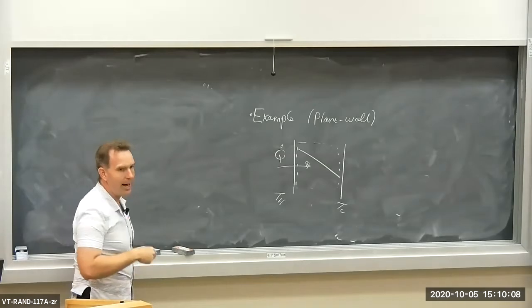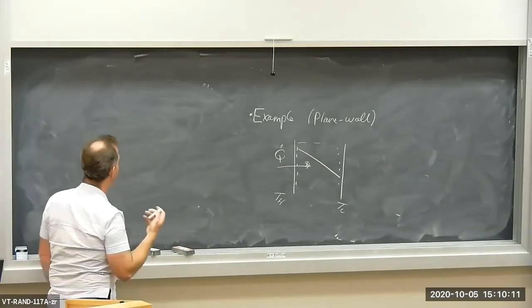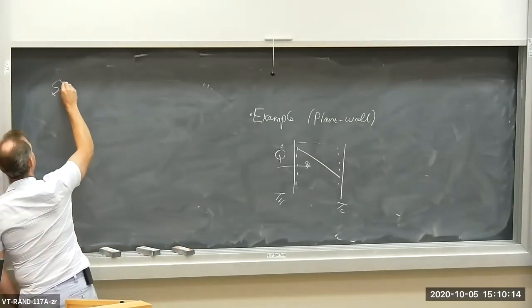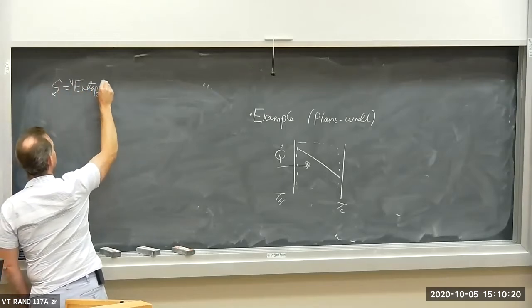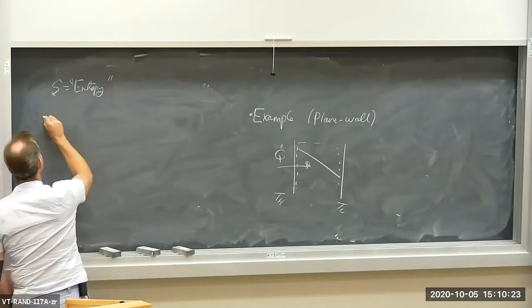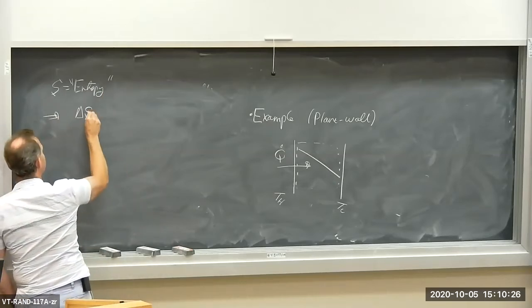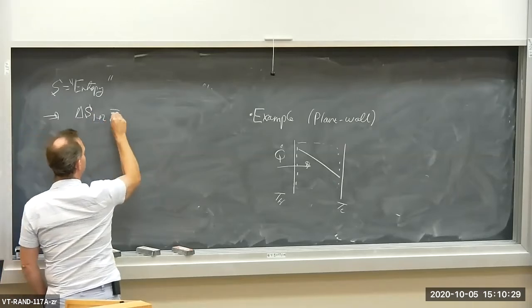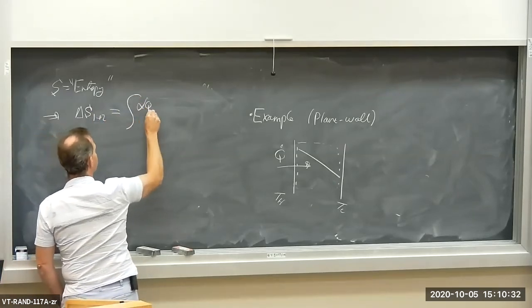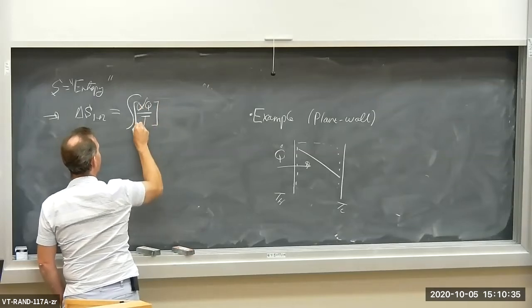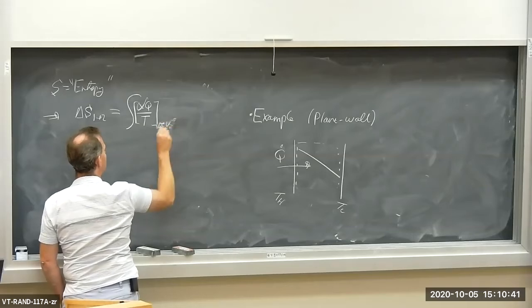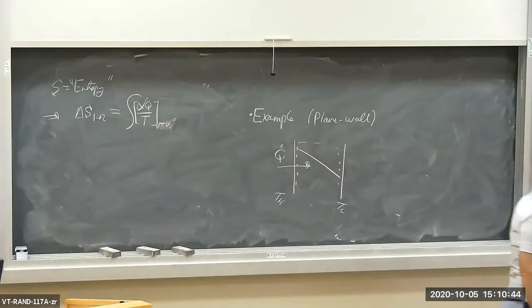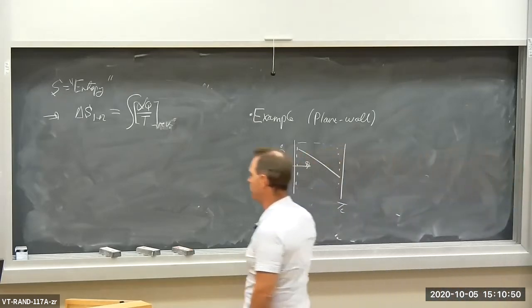So I've hypothesized a new property, S. S equals entropy, of which delta S from 1 to 2 is equal to the integral of del Q over T for a reversible, or I'll just put REV, for a reversible process.